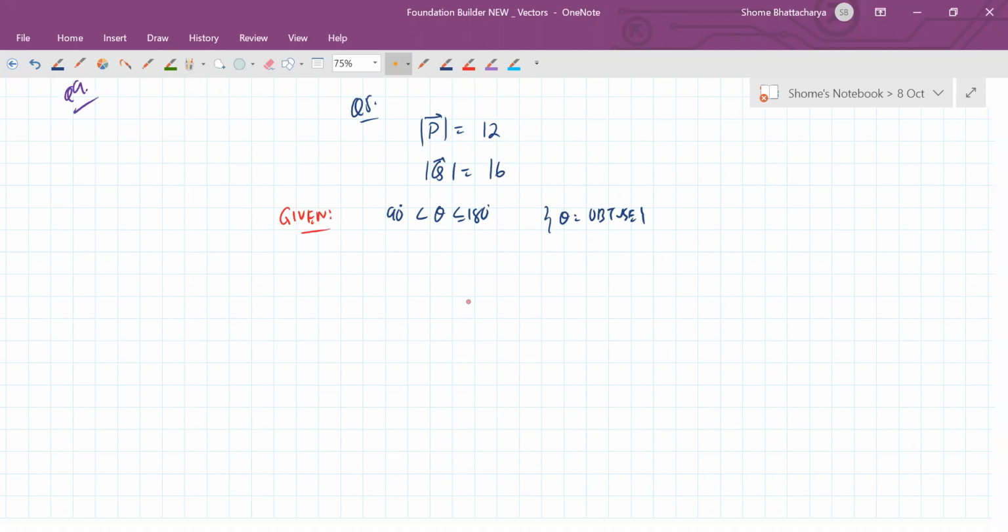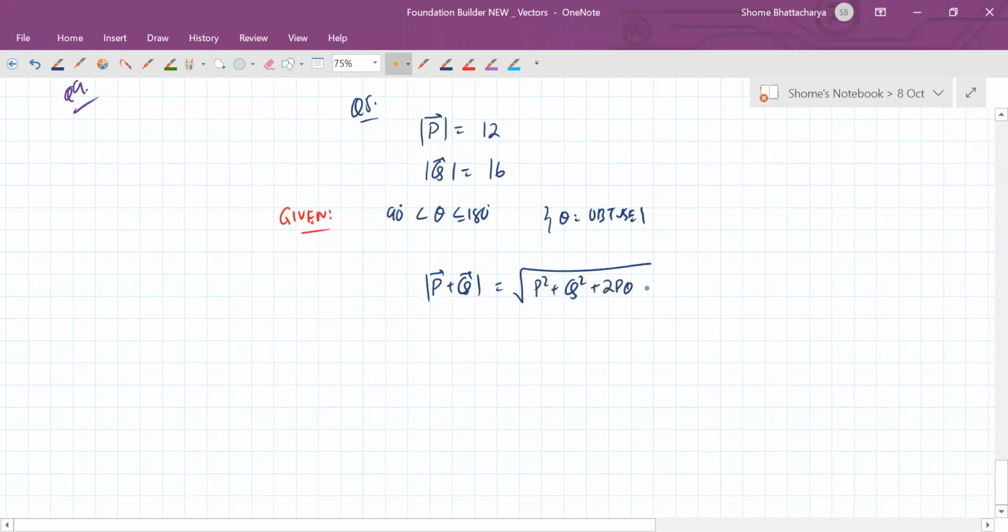So now what we can say about p plus q? P plus q का magnitude is root of p square plus q square plus 2pq cos theta. Okay. So that is root of 12 square plus 16 square plus 2 into 12 into 16 into cos theta.